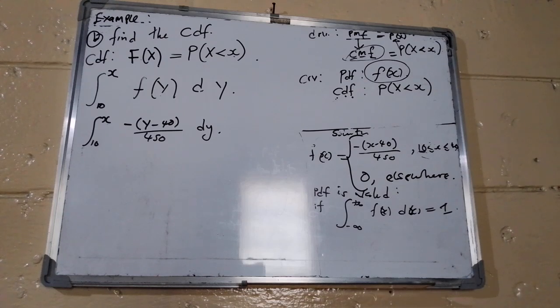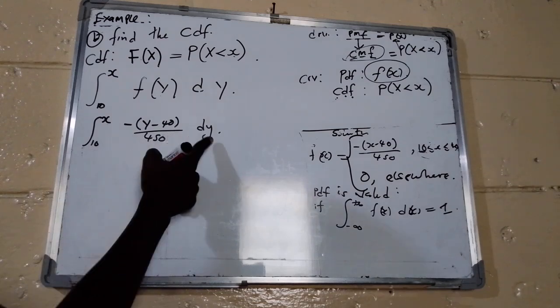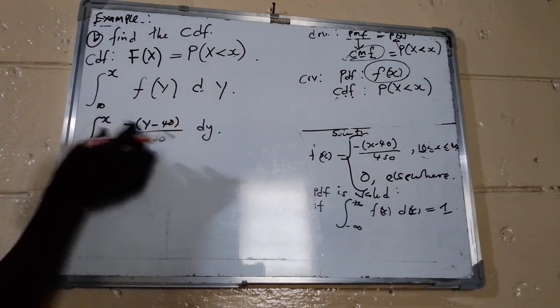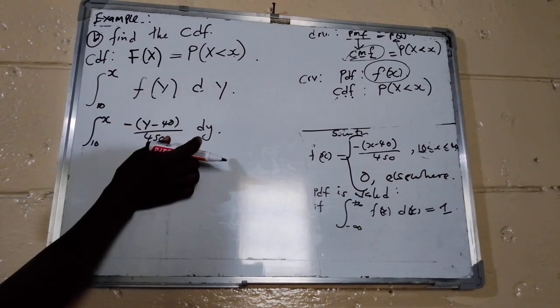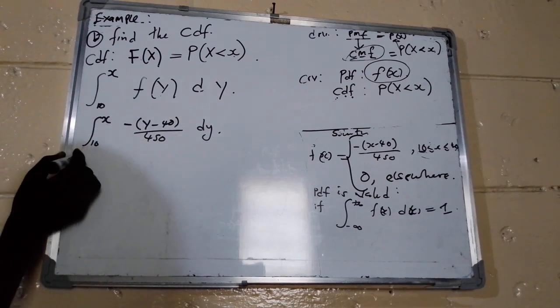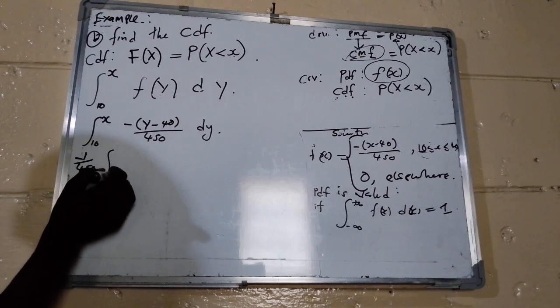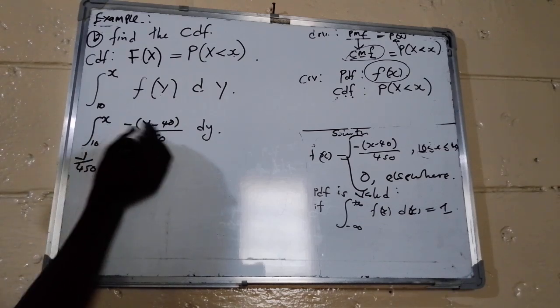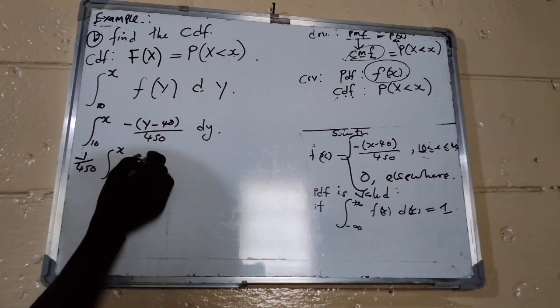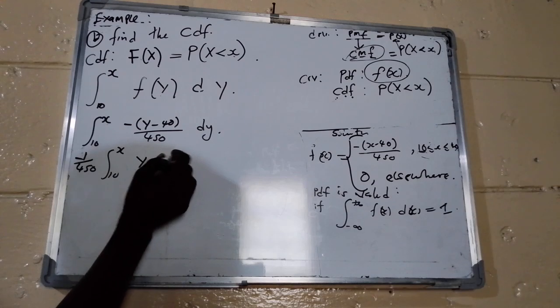We are integrating with respect to y. Negative 1 over 450 is still a constant, so it's going to come outside. I'm going to have negative 1 over 450 outside, the integral from 10 to x of (y minus 40) dy.